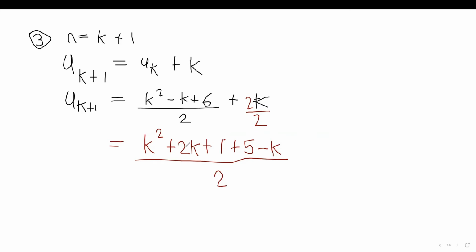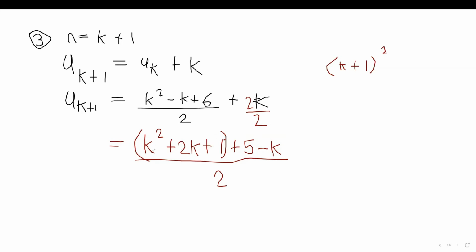Now, Marika, look at this. Remember, k squared plus 2k plus 1 is k plus 1 all squared. If you expand k plus 1 all squared, you would get k squared plus 2k plus 1, right? Yes, sir.